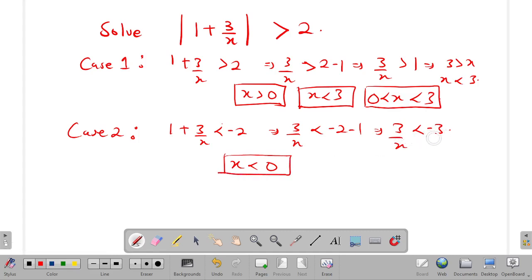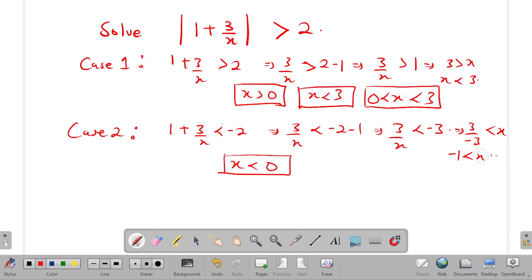Then the next thing is to simplify. So this is going to give us 3 over negative 3 is less than x, is that not it? Right? That is, negative 1 is less than x.